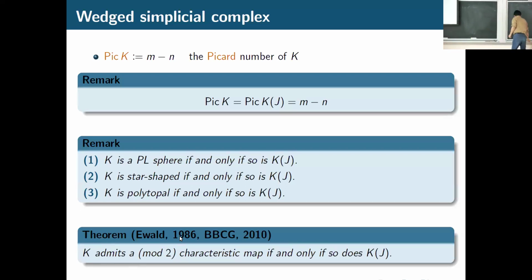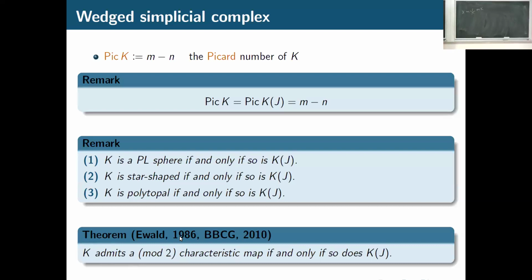If you have a toric manifold corresponding to some fan, and the underlying simplicial complex of this fan is K, then the Picard number, that is the rank of the Picard group of the toric variety, is exactly equal to M minus N. So this is why we call it M minus N. It means that our wedge operation does not change the Picard number.